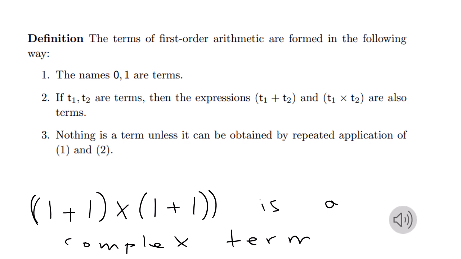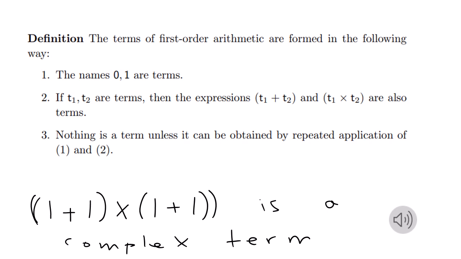And then because it is a term, we can apply that rule again, but instead of using addition, using multiplication. And we end up with this expression down here. So these opening parentheses, and then we've got 1 plus 1 times 1 plus 1. And if you think about what the interpretation of that really is, this is the same thing as 2 plus 2. So this is really a name for 4.